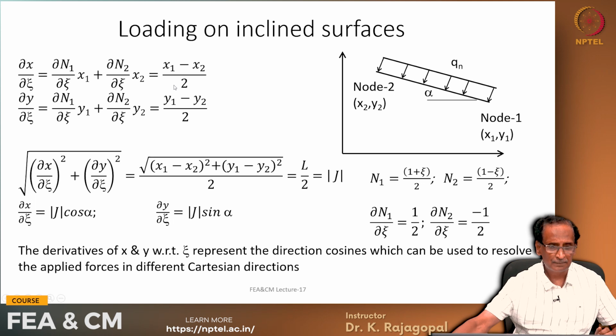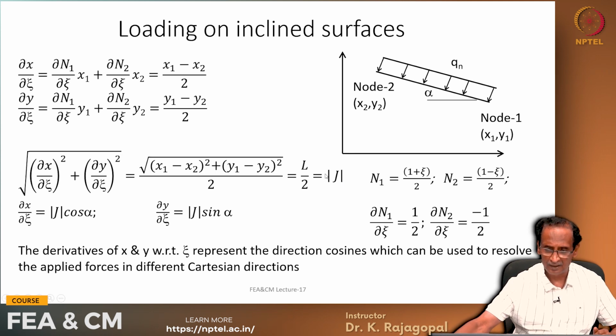And what is dou x by dou xi? It is (x1 minus x2) by 2. So we can write that as this Jacobian determinant multiplied by cosine alpha, whereas dou y by dou xi is (y1 minus y2) by 2, that is the vertical component. So we can write this diagonal length multiplied by sine alpha.